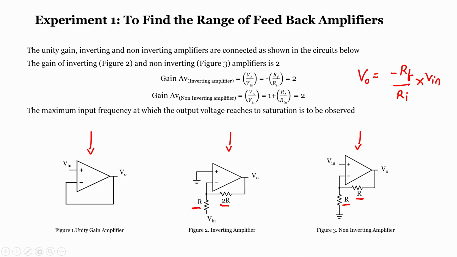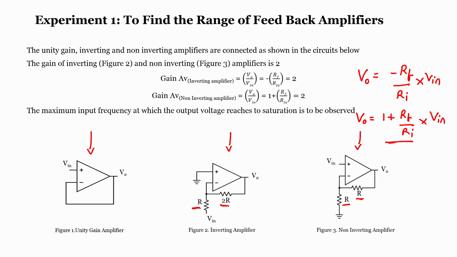This is for our inverting amplifier. If we talk about the non-inverting amplifier, our output voltage is nothing but 1 plus RF by Rin times Vin, correct. So, what is the gain?